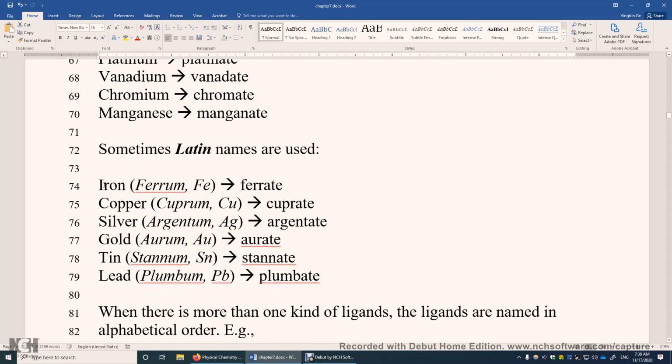So iron becomes ferrate because the Latin name of iron is ferrum. That's why in the periodic table you see Fe for iron. Copper, cuprum, Cu, becomes cuprate.